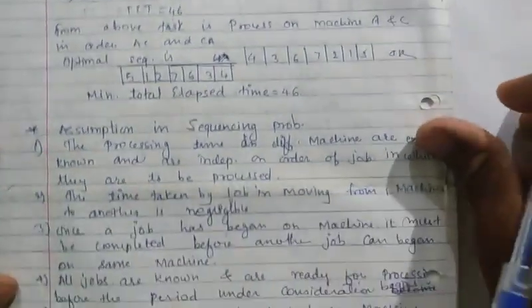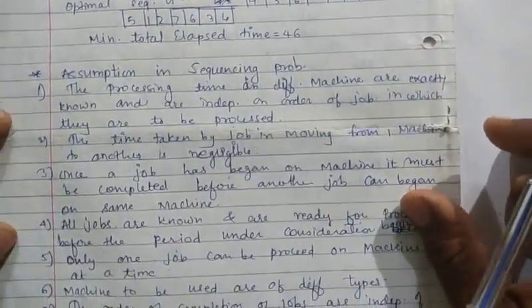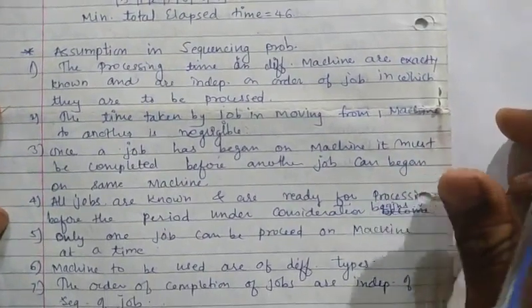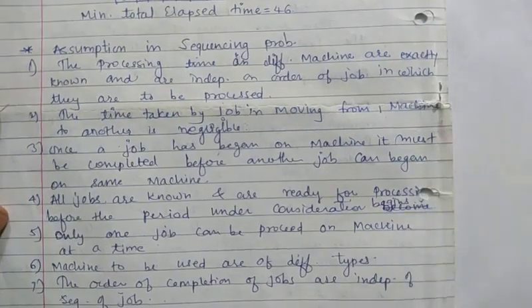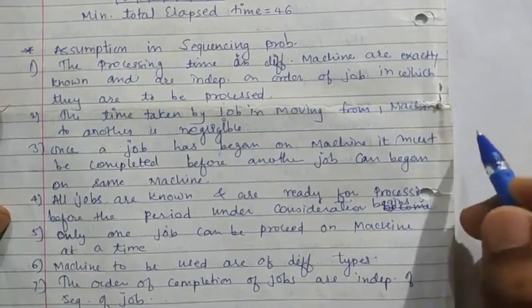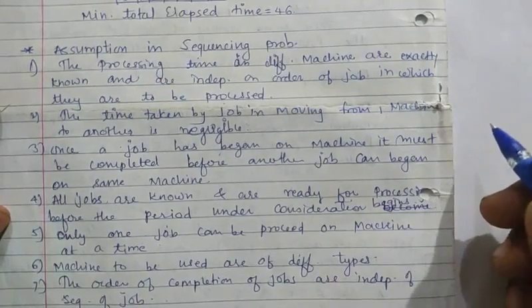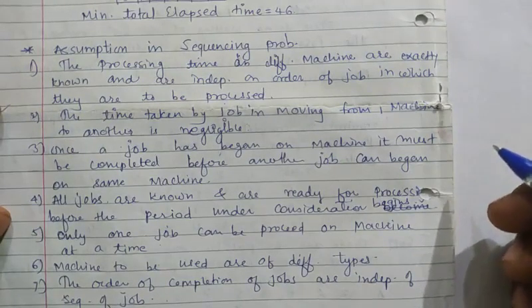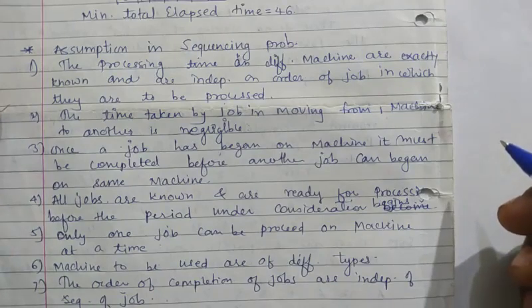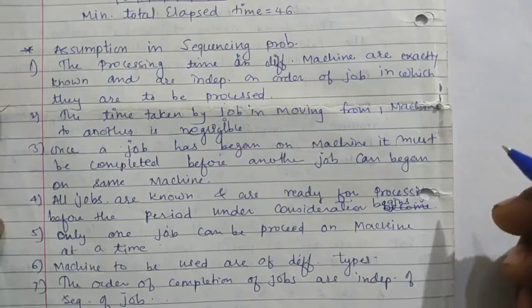Now there are some assumptions in sequencing problems. Let's see what they are. First, the processing times on different machines are exactly known and are independent of the order of jobs in which they are to be processed. Second, the time taken by a job in moving from one machine to another is negligible. Third, once a job has begun on a machine, it must be completed before another job can begin on the same machine.